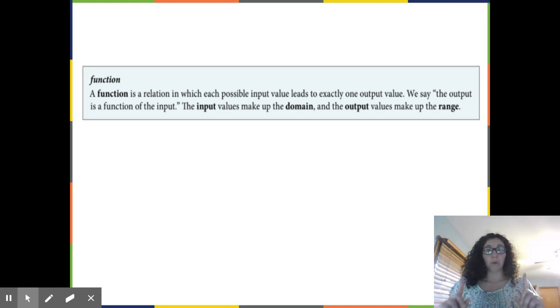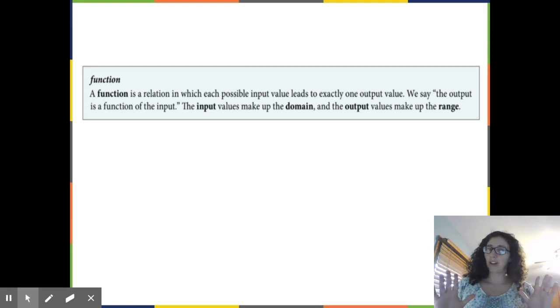If Joe and Amy both have the same birthday, let's think about our definition. Each possible input value can have just one output value. So is it possible that Joe and Amy both have the same birthday? Yes. Is that a problem? One input, is it possible that Joe has two birthdays? Could he be born on January 7th and March 16th? No. Of course, barring some weird time travel thing, right?